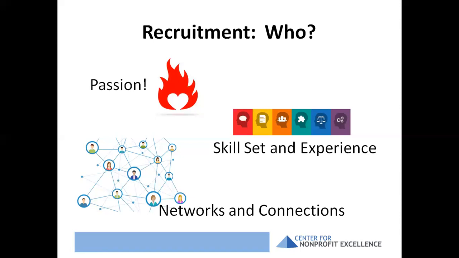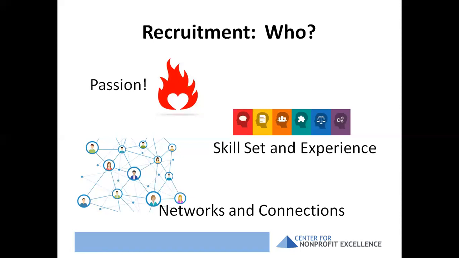People that may have a certain expertise in the particular subject matter that your nonprofit deals with, as well as perhaps people who are served by the nonprofit. You want a certain skill set and experience that is going to help you move the mission forward.